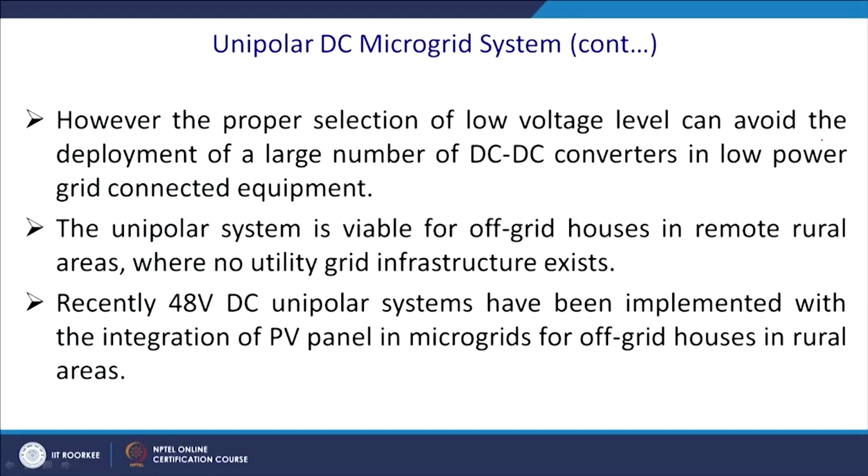The unipolar system is viable for off-grid houses in remote rural areas where no utility grid or infrastructure exists. For example, you make a resort. Previously, resorts were running with DGs. Now, you can reduce the usage of the DGs by solar and wind.